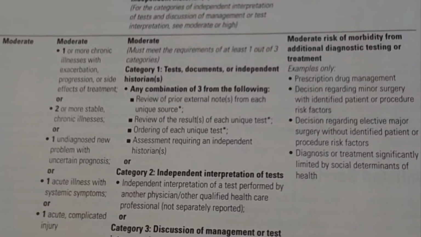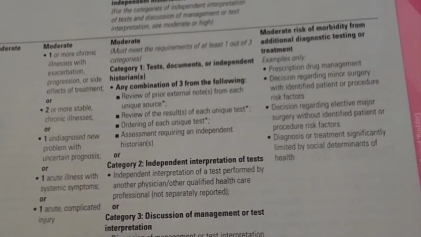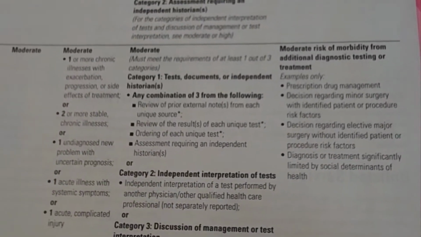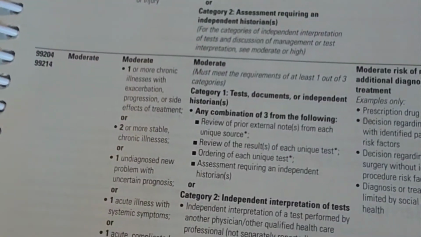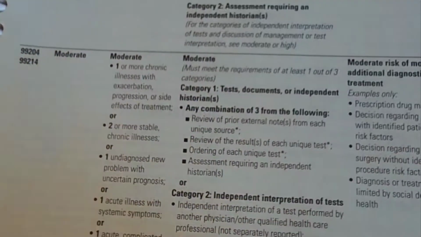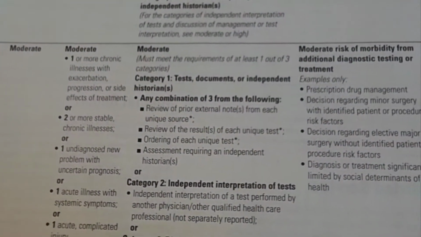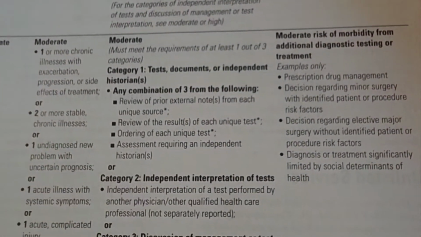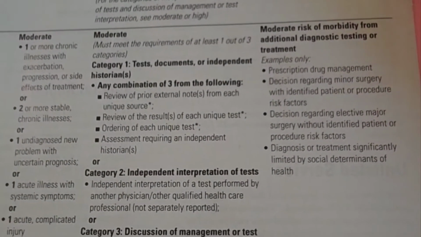Let's go over another scenario where this chart on page 17 and 18 might come in handy. If you don't have your MDM, you don't have your time, you don't really have your diagnosis, and you need to pick your answer out of the last two columns. How many tests were ordered? What kind of risk to the patient and the provider?